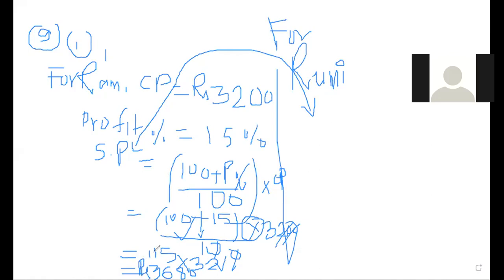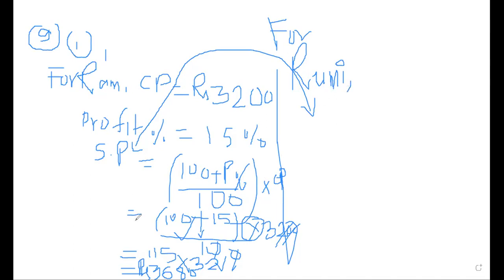You have to multiply 115 with 32. Check once how much comes. It comes 3,680. 15 into 32 is 480, plus 3,200. Yes, it comes 3,680.